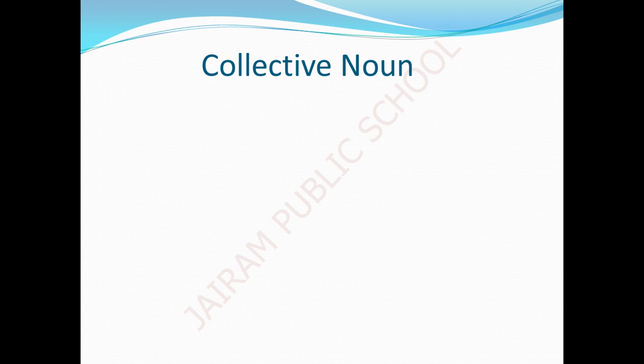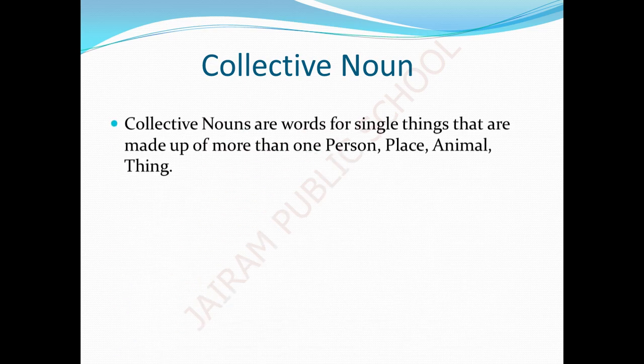Now we are going to have a look at collective nouns. What is meant by collective noun? Collective nouns are words for single things that are made up of more than one person, place, animal or thing. Only one thing will be considered. When a group of nouns is considered as a single thing, that is a collective noun.